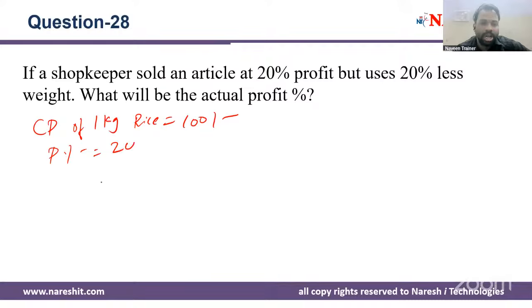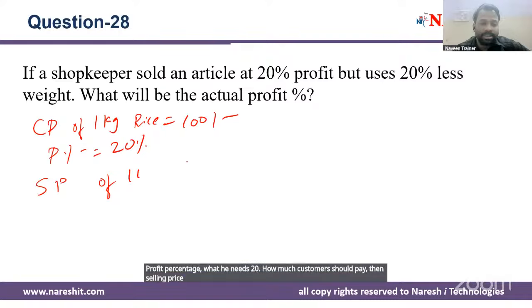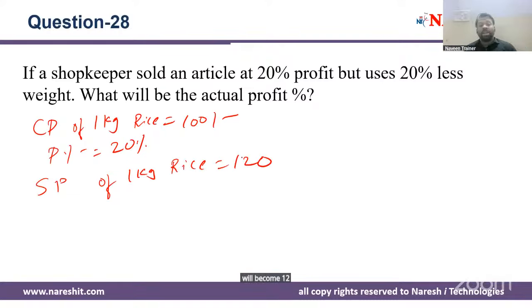Profit percentage he needs is 20. How much should the customer pay? Then the selling price of 1 kilo rice will become 120. Because if CP is 100 with 20% profit, the shopkeeper will demand 120 rupees from the customer.